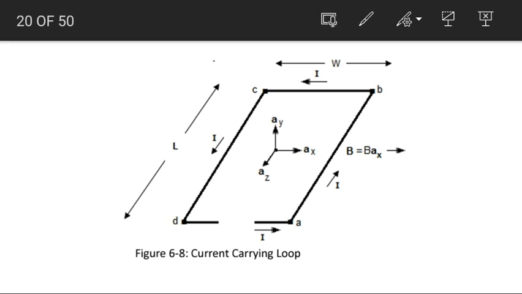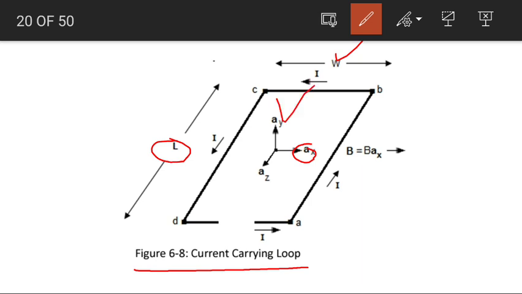We consider a current carrying loop in figure number 6.8. The length of this loop is represented by L. The width of this loop is represented by W. We have the unit vector ax in this direction, the unit vector ay in this direction, and the unit vector az in this direction.